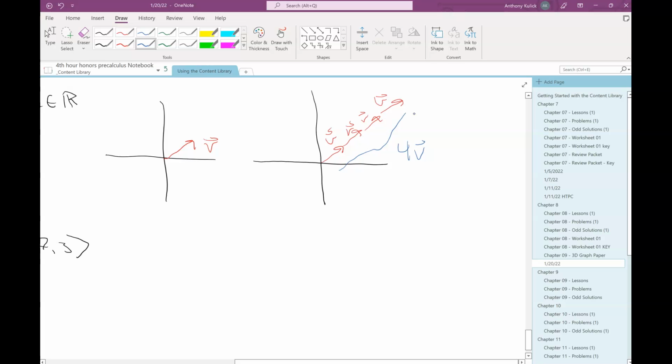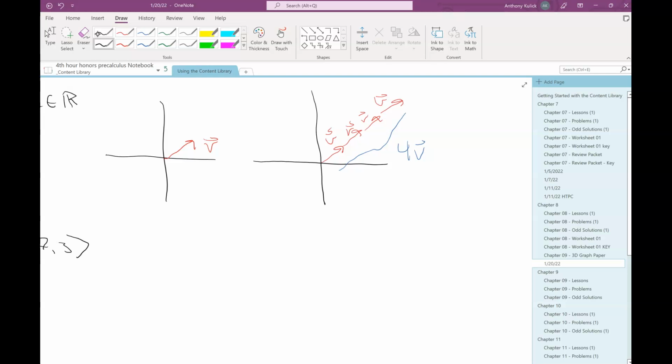It should make sense: if you did v plus v plus v plus v, you'd say, oh, that's 4v. That's intuitive. Cool there, everybody?